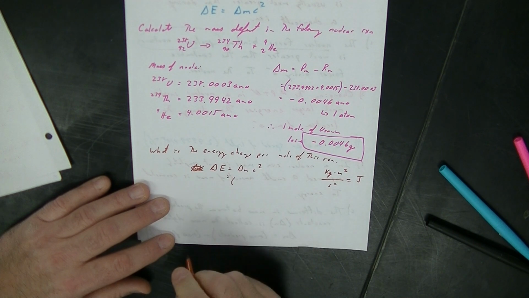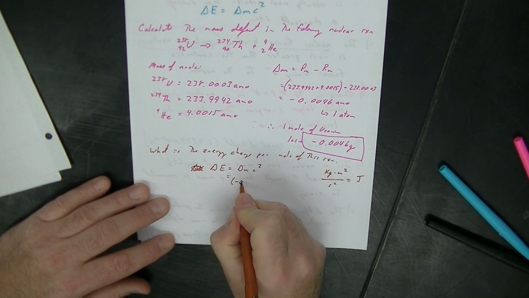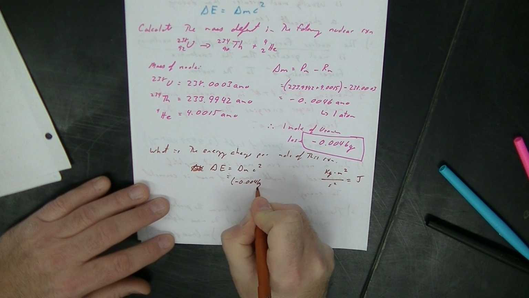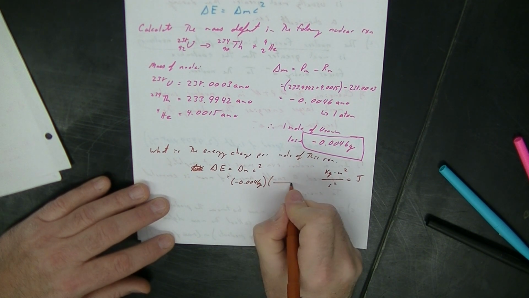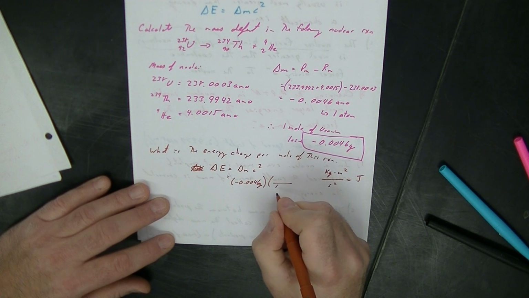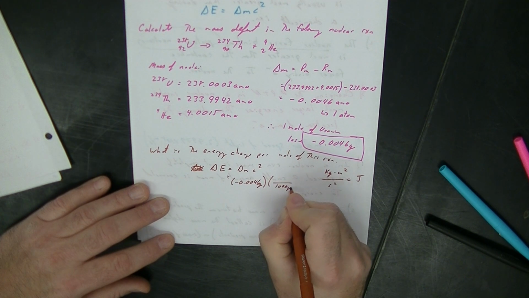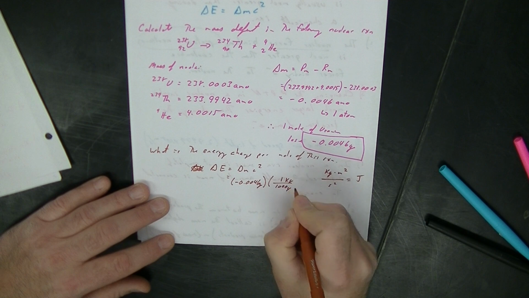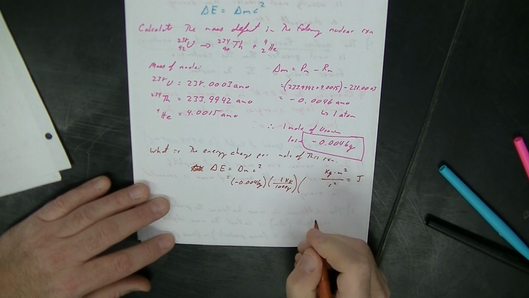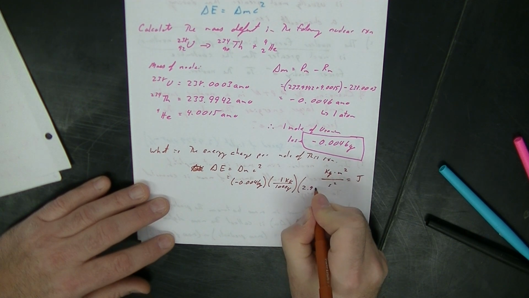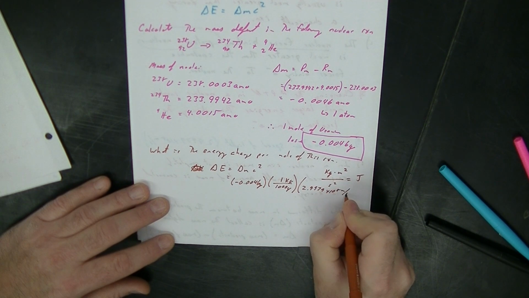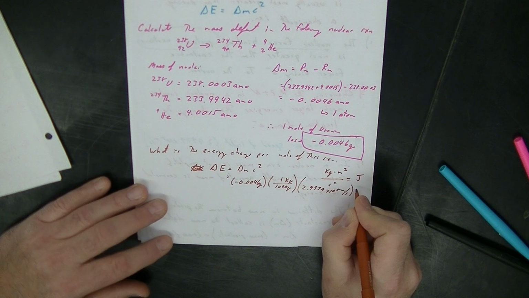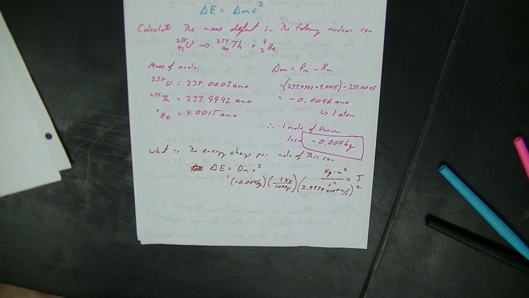So our mass is negative 0.0046 grams. Put the conversion in: 1,000 grams is 1 kilogram. And then we take the speed of light, which is 2.9979 times 10 to the 8th meters per second, and we're going to square that whole thing.